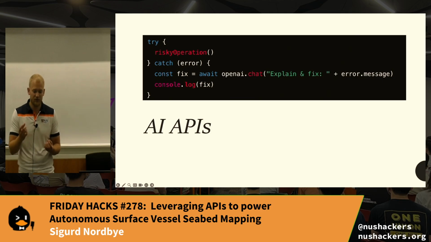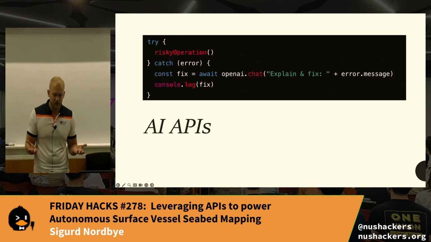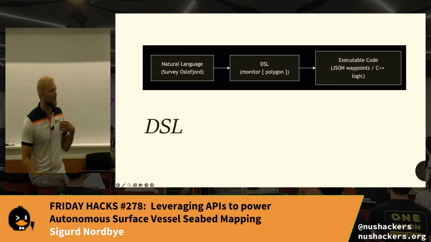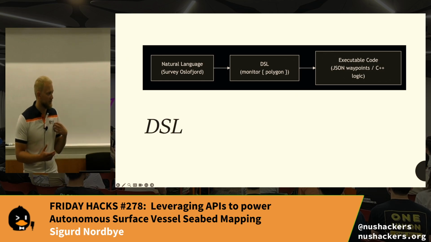So that's why I used machine learning. But what the AI was going to output was a bit hard to find out on my part. So therefore I was like, what if the AI outputs my own domain-specific language, right?